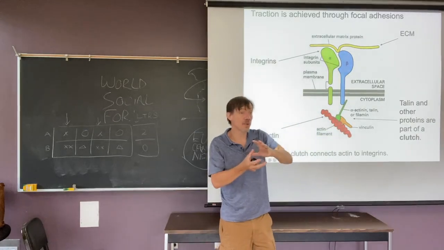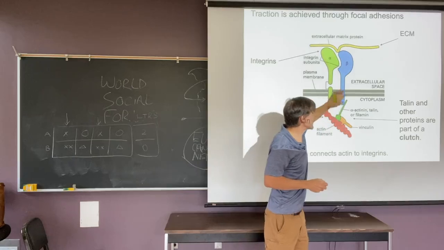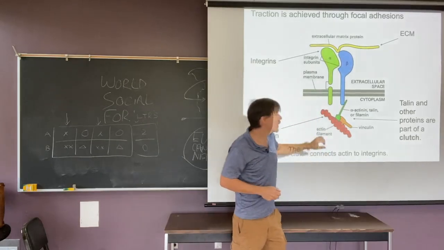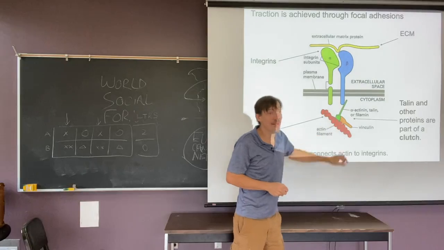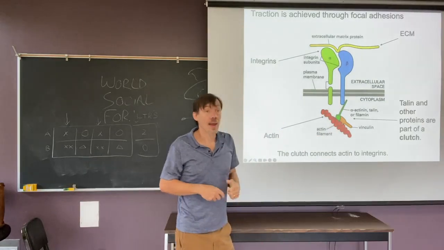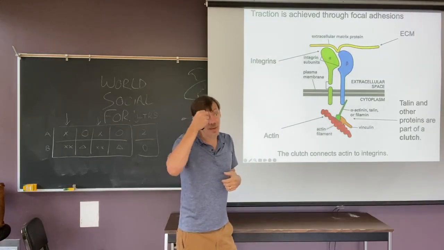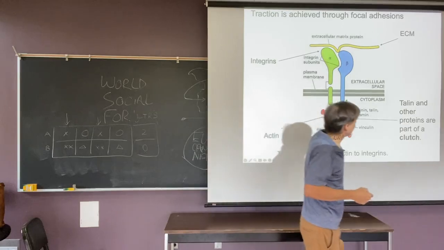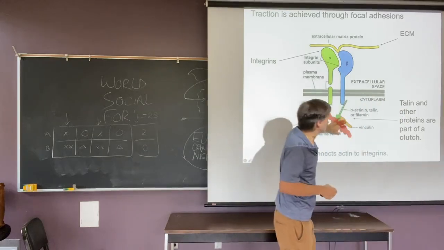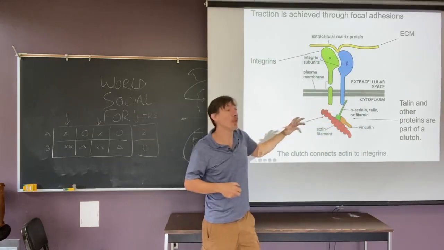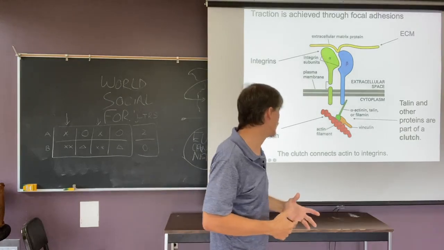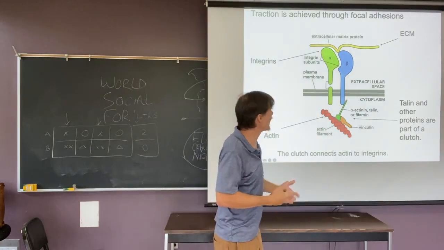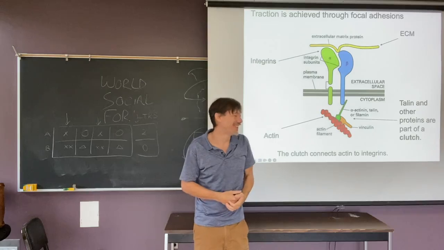There's a complex of proteins that links integrins to actin filaments, and these proteins are going to transmit forces to the actin filaments. As we'll talk about, talin and these other proteins are thought to be part of what's called a molecular clutch. Actually, I'll do it now.